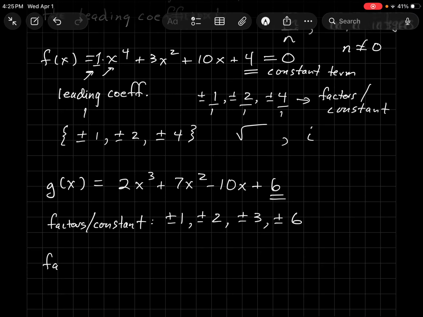The factors of the leading coefficient, where my leading coefficient, the coefficient with the highest power, is 2. So the factors of the leading coefficient are 1 and 2. I don't need to do plus or minus. We already counted for those.